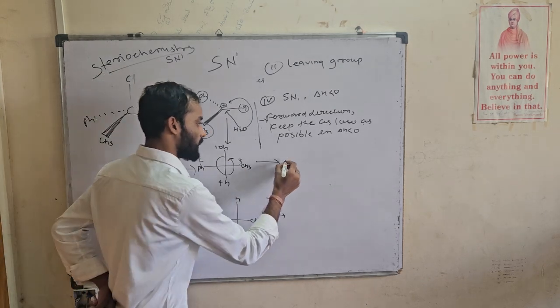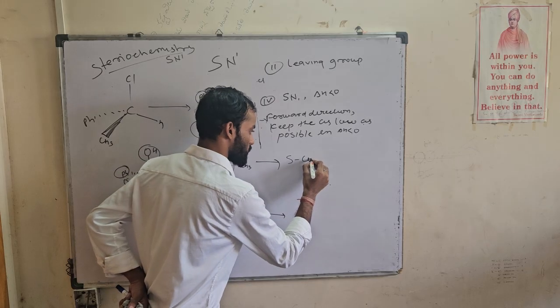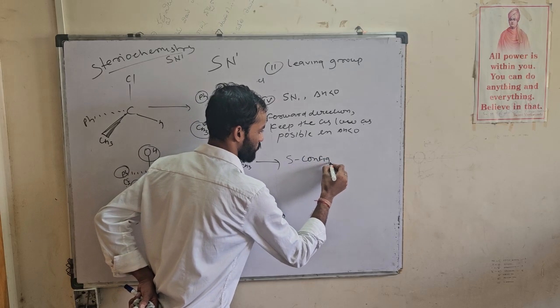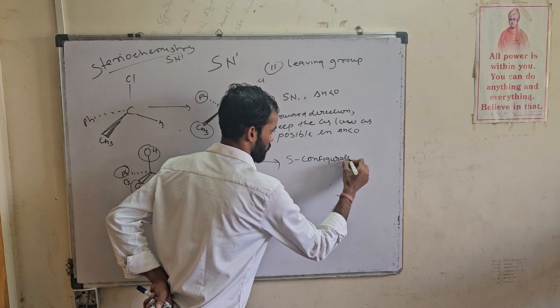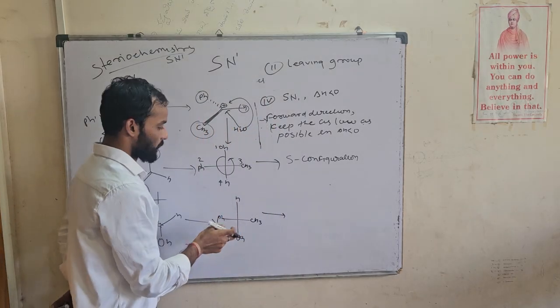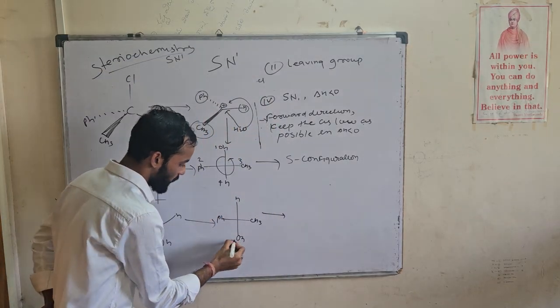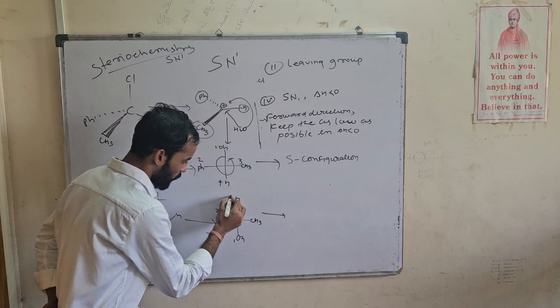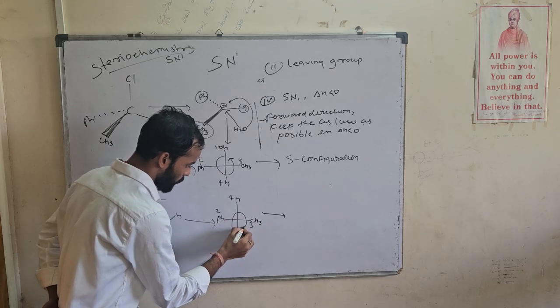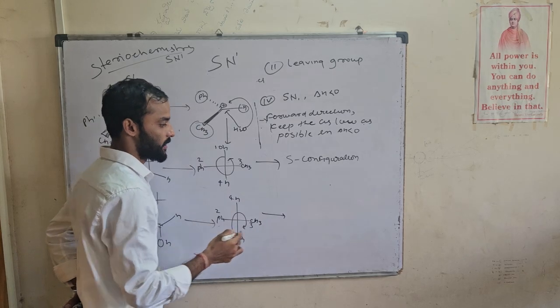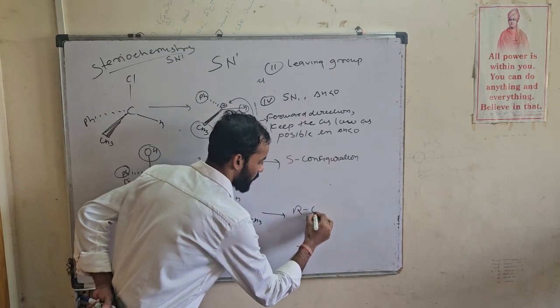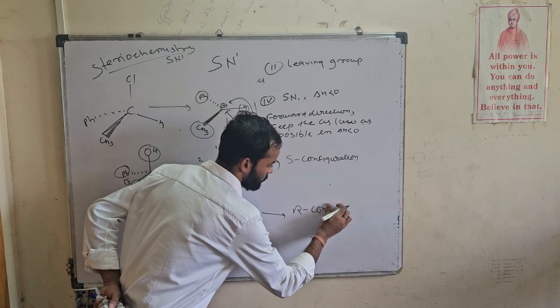It means it has S configuration. Similarly for the second one, we assign 1, 2, 4, 3. It will move in the clockwise direction. It means it has R configuration.